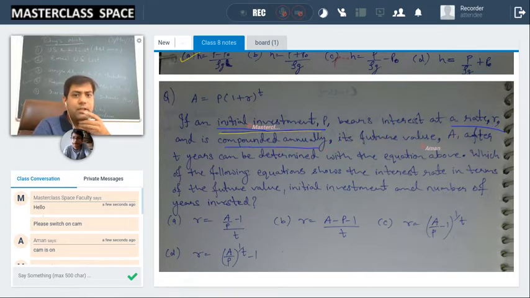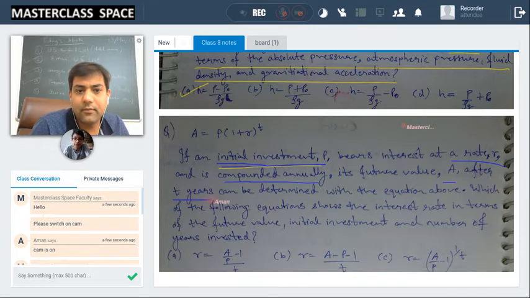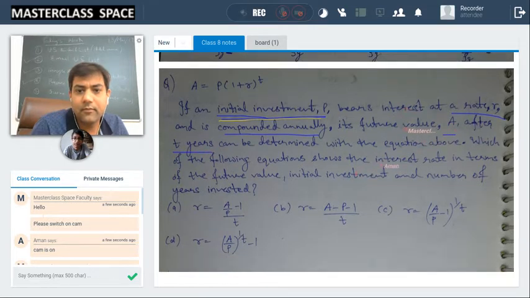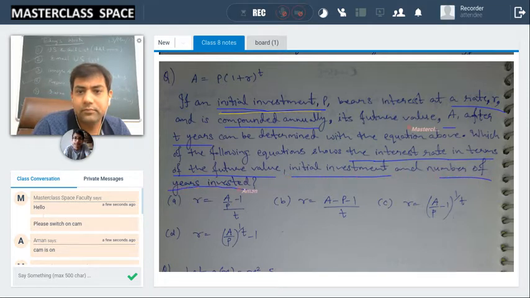Its future value A, after T years. Can we determine with the equation above? Which of the following equations shows the interest rate in terms of the future value, initial investment, and number of years invested?